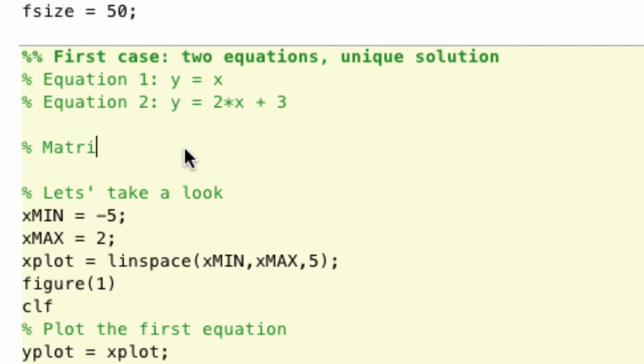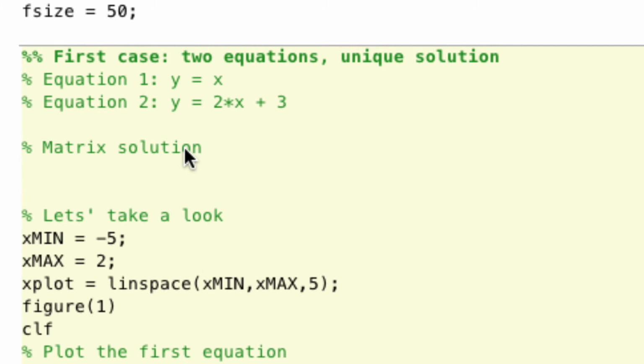So here is a matrix solution. So we have an A matrix. For the first equation, I think we should have 1, 0, and then 2, 1.